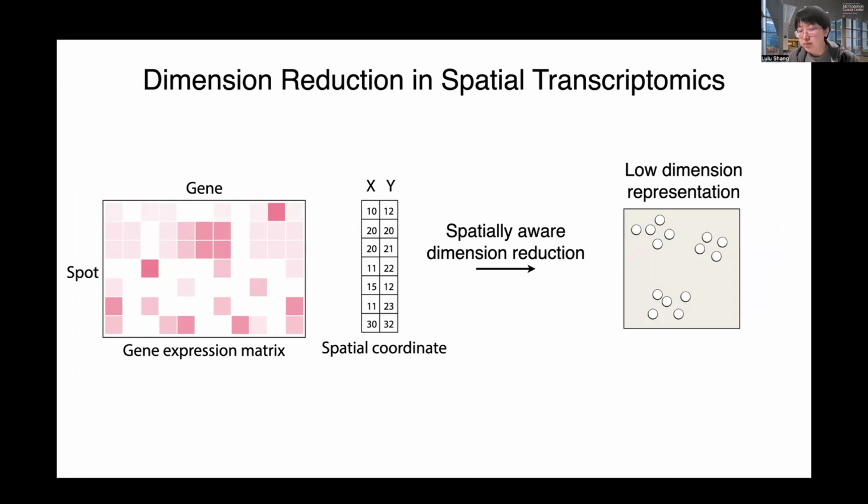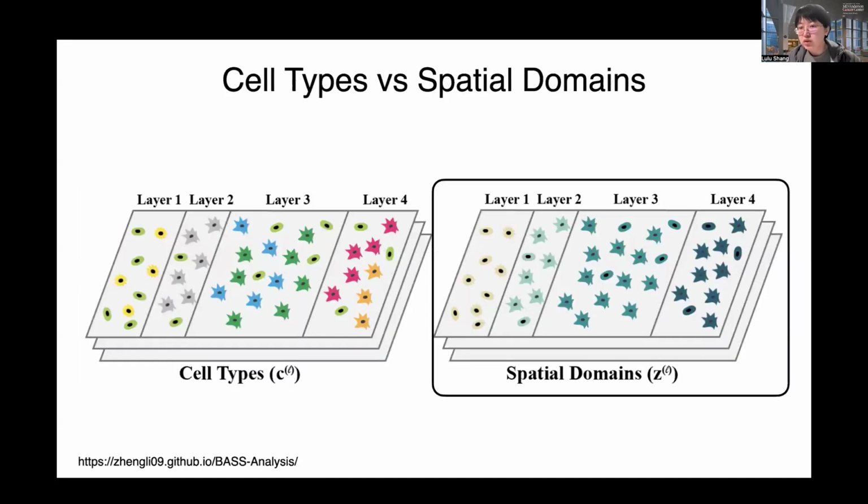But this time, the low dimensional representation already has the spatial information. So when you do the clustering on top of the extracted low dimensional representations from the spatial data, you will end up obtaining the spatial domains. This is the difference between cell types and spatial domains.